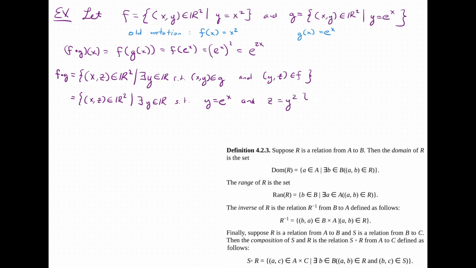But now we are assuming the existence of a y, and we have y is equal to e to the x, and z is equal to y squared. So we can substitute this y into the other. Now we get x comma z in R2 such that z is equal to y squared, which is e to the x quantity squared. And so we are back to what we had for f compose g. And so composition here agrees with our expected definition of composition that we are used to.